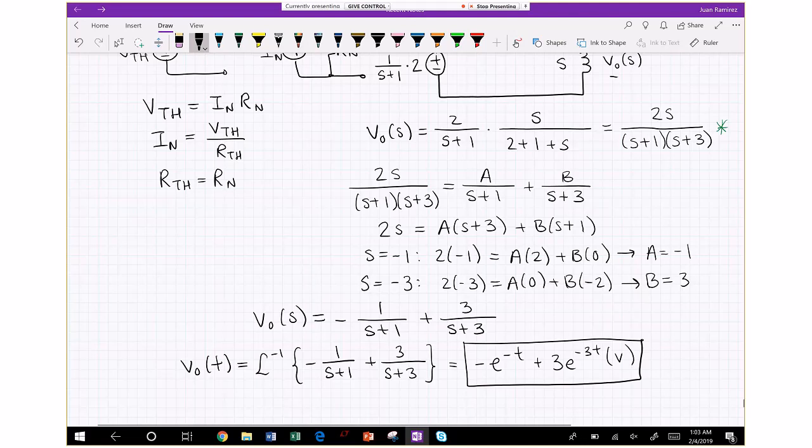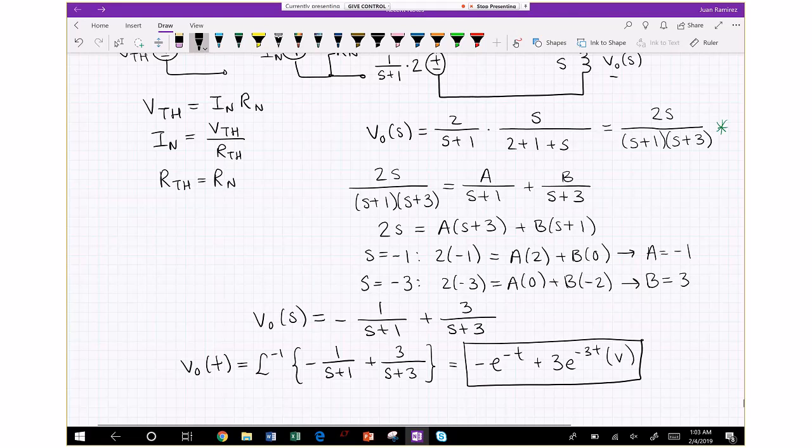Once you have everything in the Laplace domain, we do circuit analysis in the same way we've done in the past for DC circuits. Once you find an S-domain model for the variable you're looking for, then you do the inverse Laplace transform to get that value or signal in the time domain.